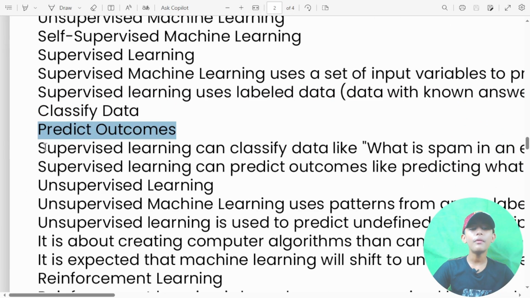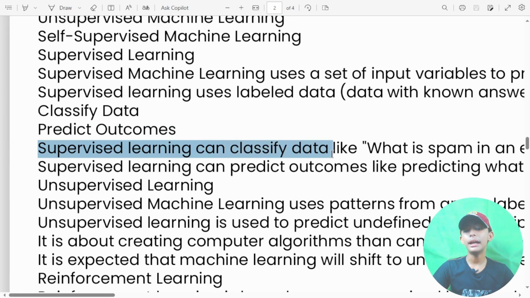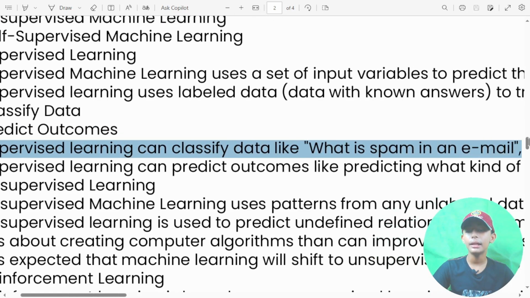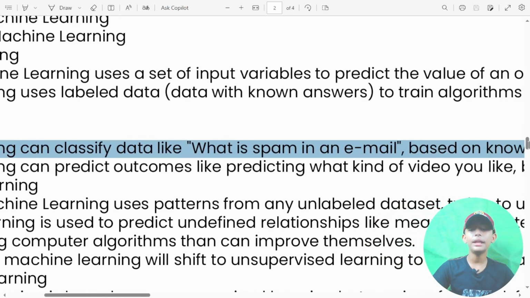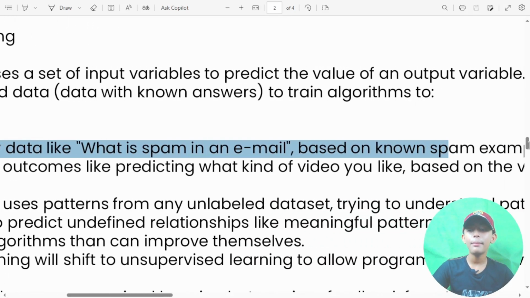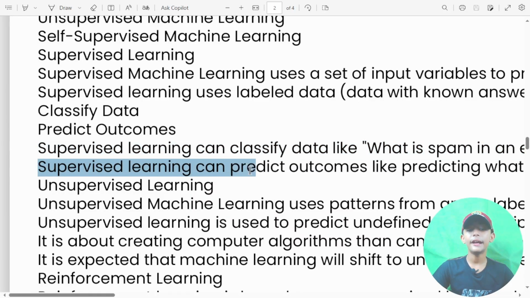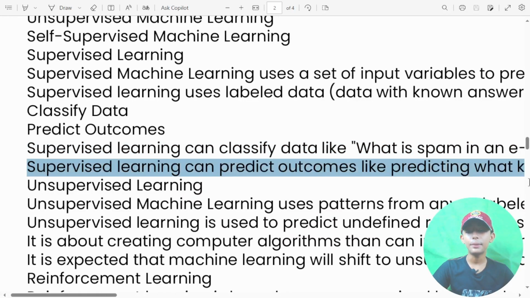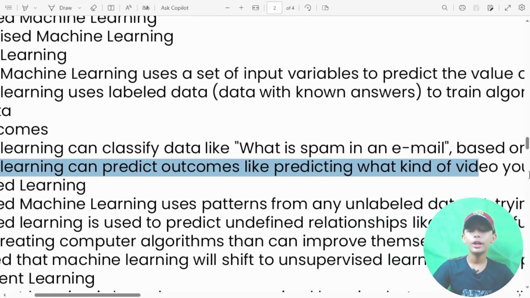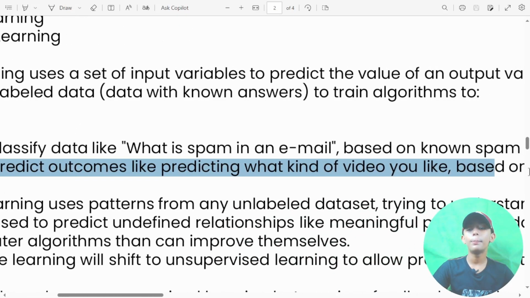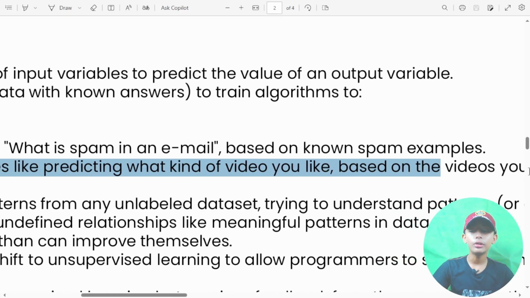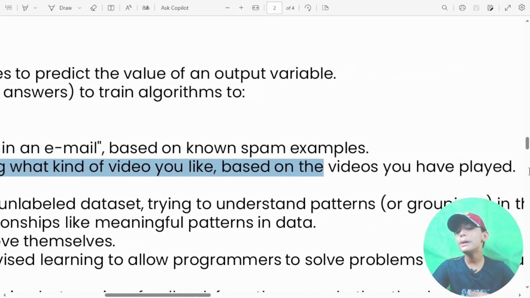Supervised learning can classify data, like what is spam in an email based on spam and non-spam examples. Supervised learning can predict outcomes, like predicting what kind of video you like based on the videos you have played.